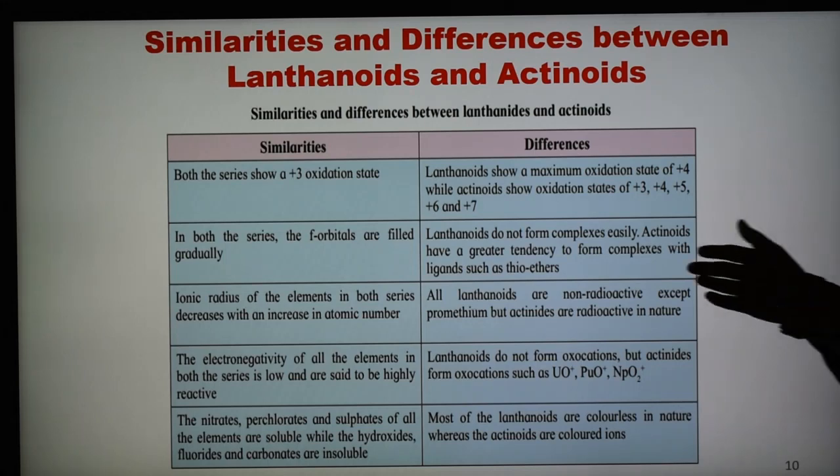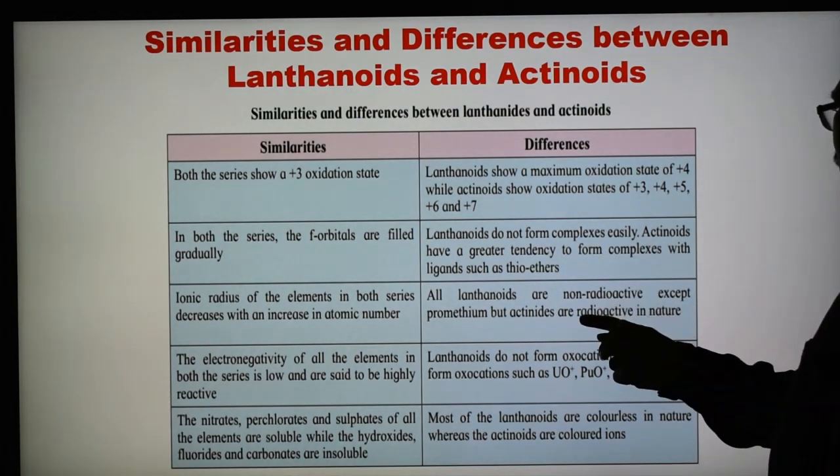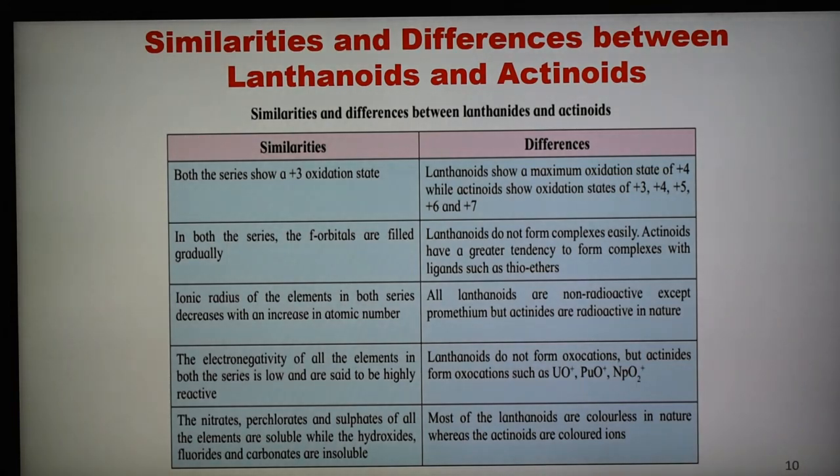Another point of difference is lanthanide do not form oxocations, but actinide form oxocations such as UO2+, UO2 2+, PuO2+, and NpO2+, neptunium dioxide plus. So these are the oxocations. Lanthanide do not form these oxocations, but actinide forms oxocations. Examples are given here. Another point is most of the lanthanoids are colorless in nature, whereas actinoids are colored ions.